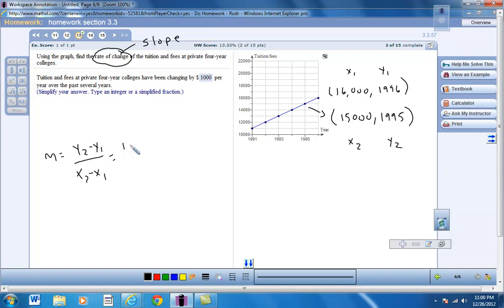We have 15,000 minus 16,000 over 1995 minus 1996 should give us here negative 1,000 over negative 1, or in other words, 1,000. So that is your review on 3.3.